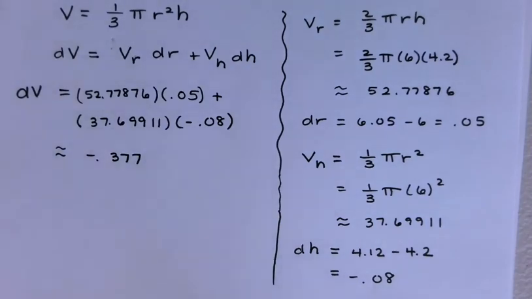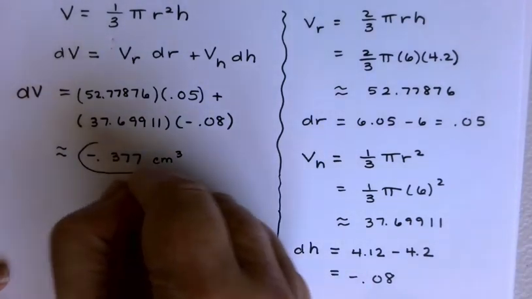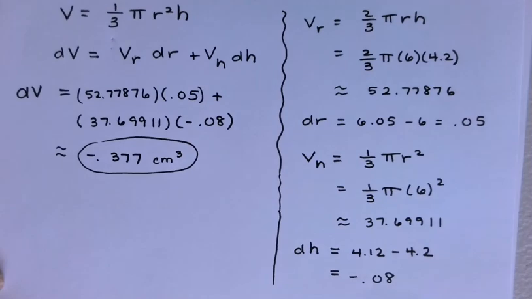And that's a change in volume, so in this case that would be cubic centimeters. So we're saying that although the radius increased, because of the decrease in height, apparently we actually end up with a smaller volume than what we started with.